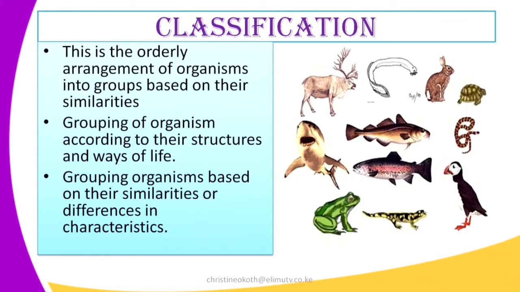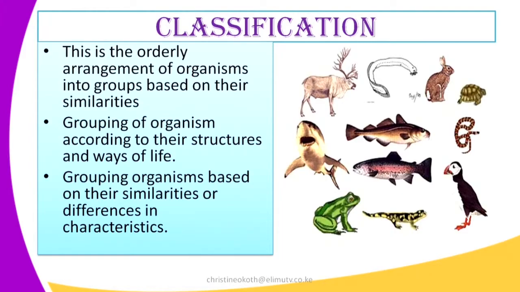For example, we have an illustration of different organisms. We can classify them according to their structures, which are either external or internal. And then we can classify them according to the way they live. For example, we have a frog, we have the fish species. The fish species live in the aquatic ecosystem.